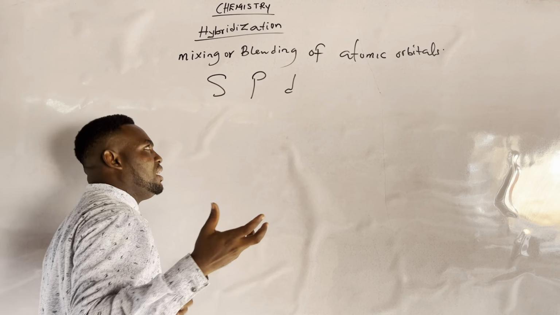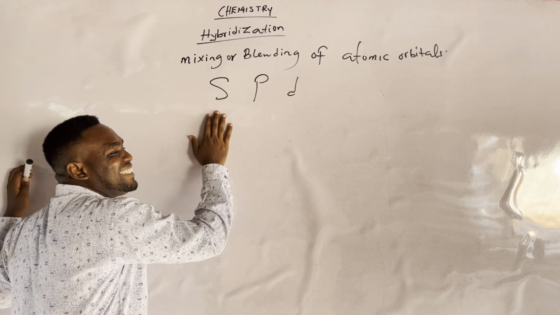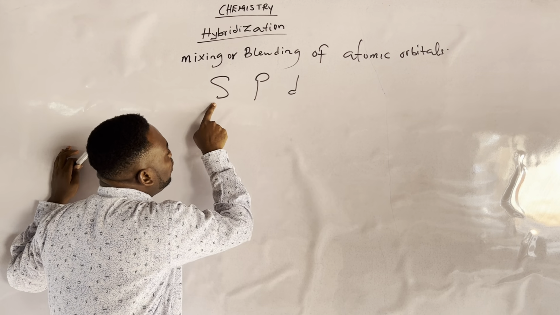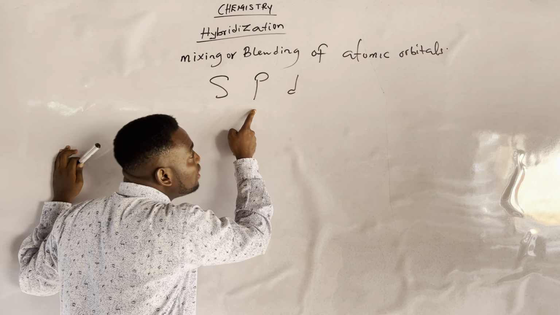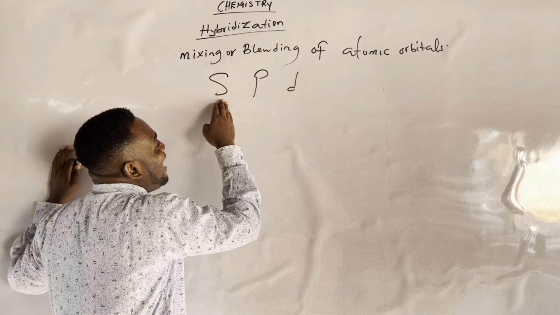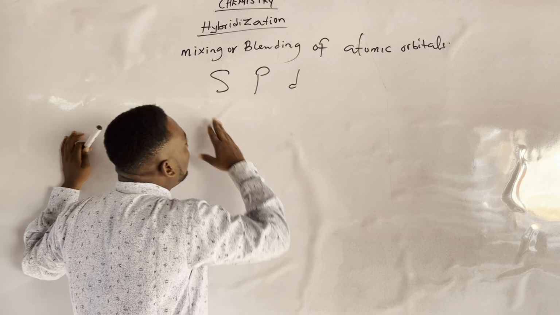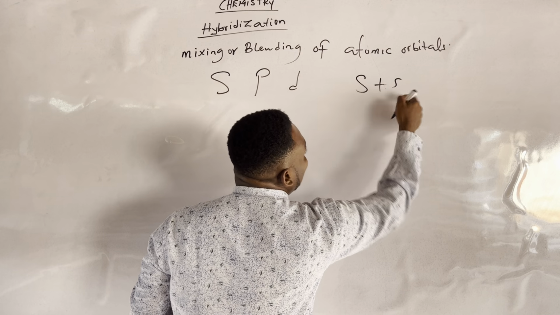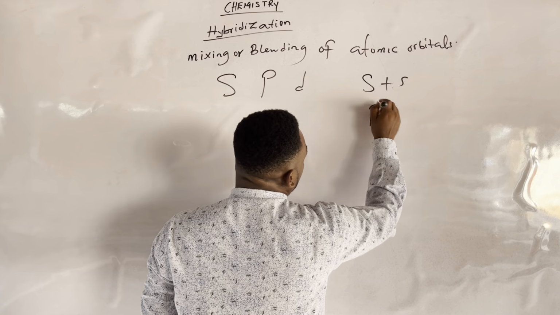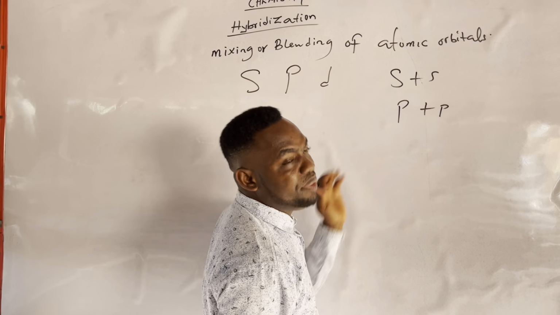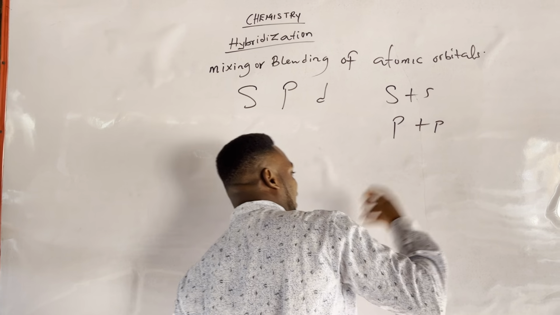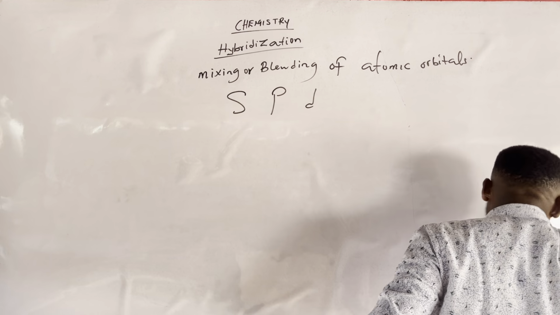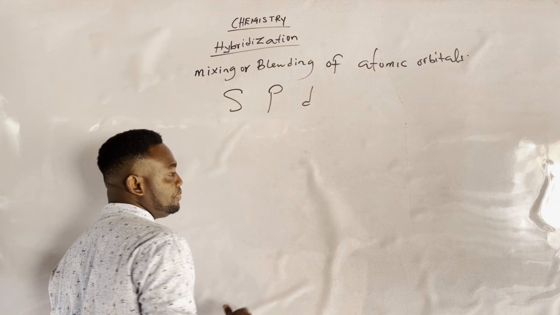We are not trying to blend S and S or P and P, but we are going to be blending S with P. We can equally blend S with 2 P's, S with 3 P's, but we cannot just say S plus S, or P plus P. No. Before we carry out this hybridization, one orbital must be blended or mixed with another one.